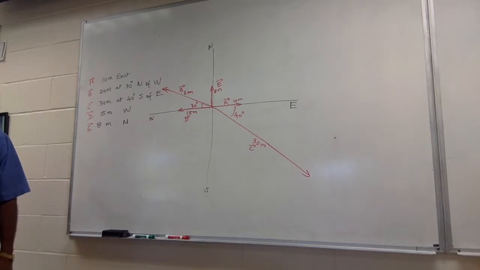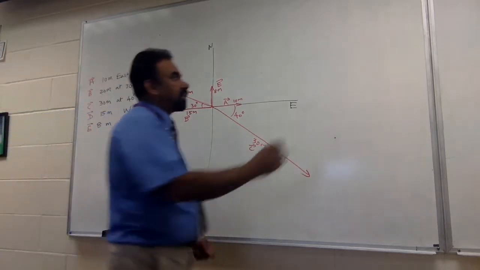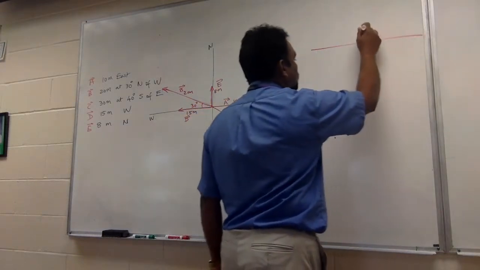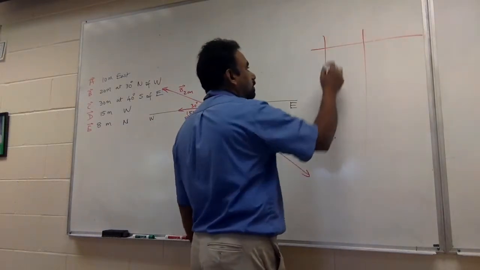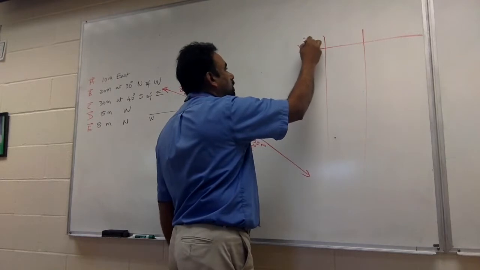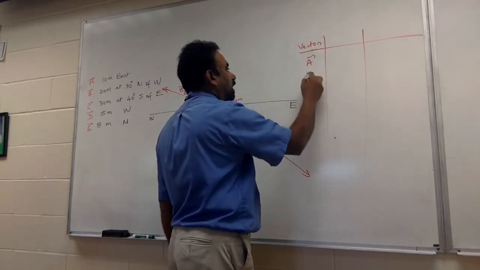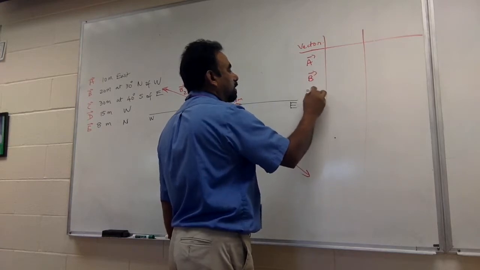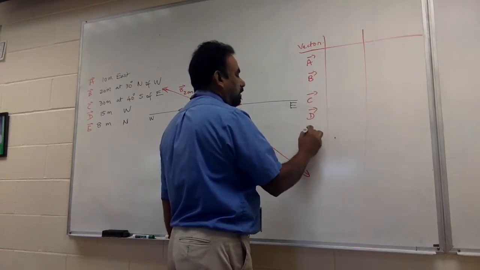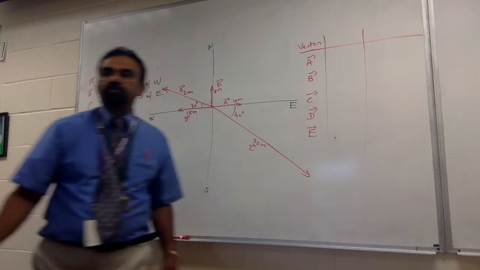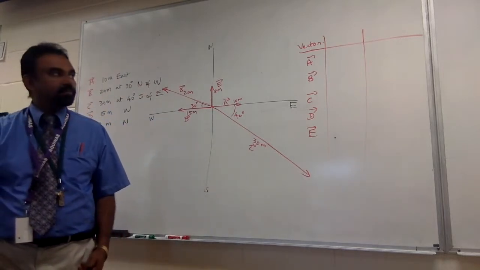After we do this, the next step is to create a table. Write the vector names here: A, B, C, D, E. Write the name of the vectors there.